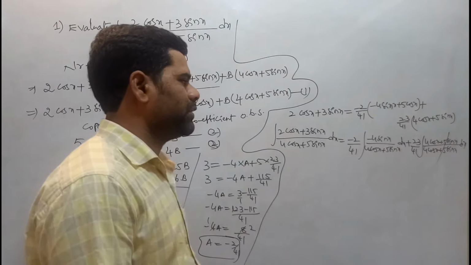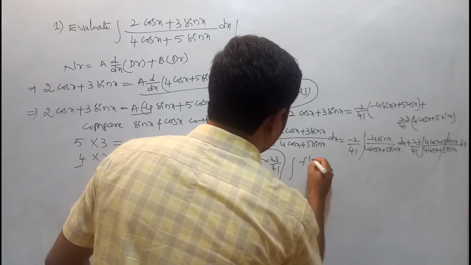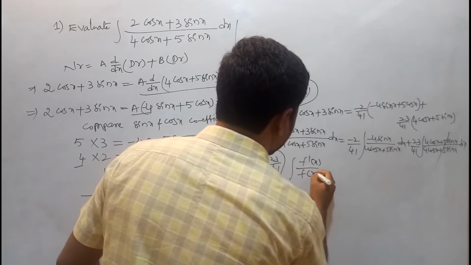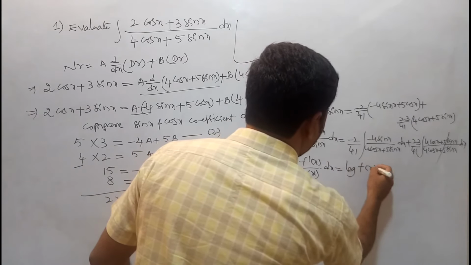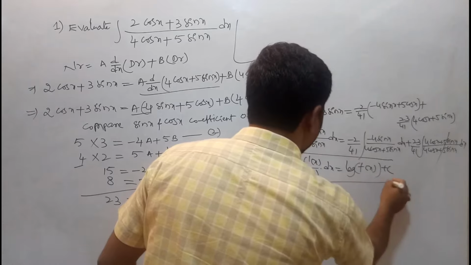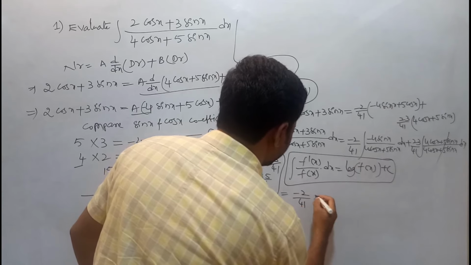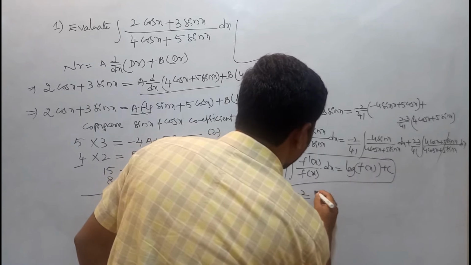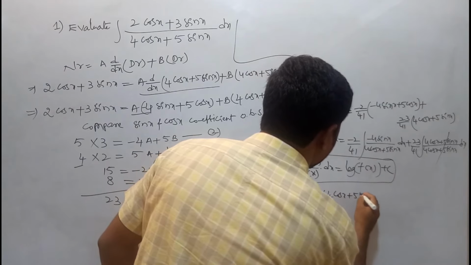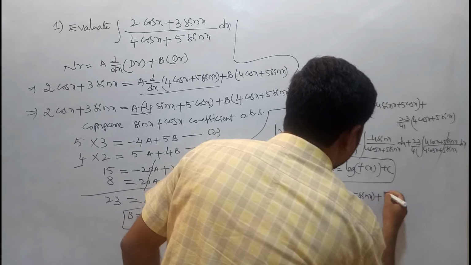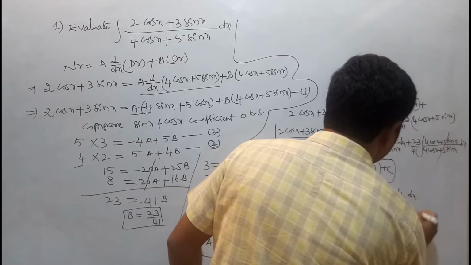Using the formula integral of f dash of x by f of x into dx is equal to log f of x plus c, we get minus 2 by 41 log of (4 cos x plus 5 sin x) plus 23 by 41 integral 1 into dx.